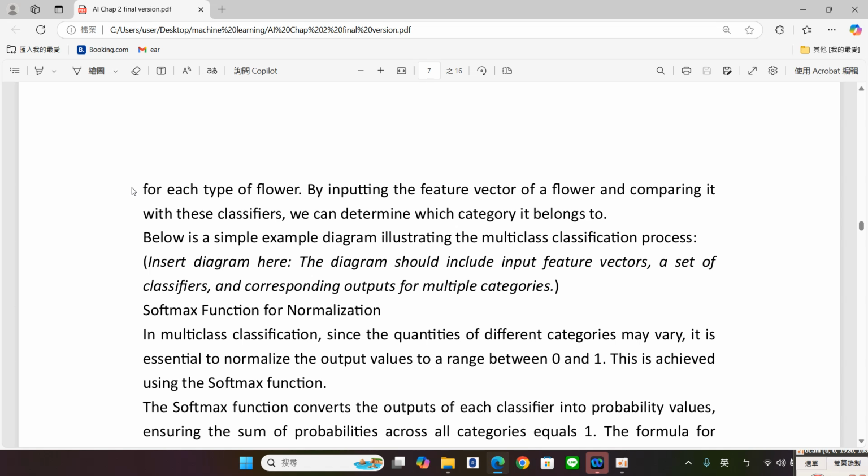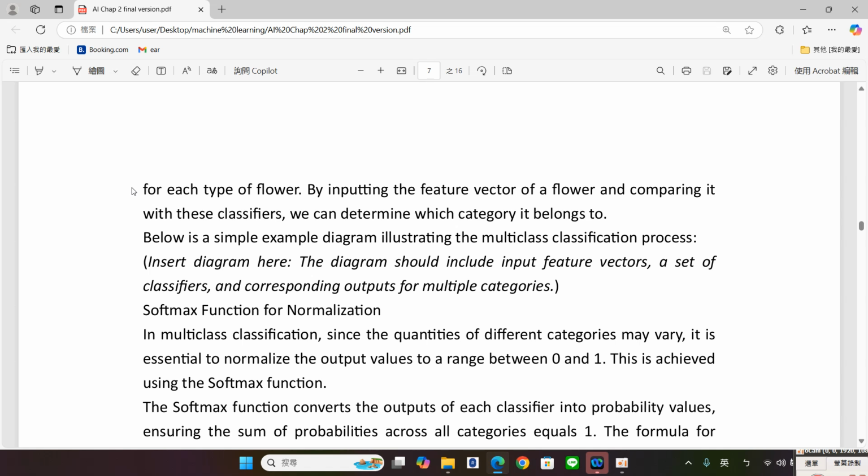Below is a sample diagram illustrating the multi-class classification process. Insert diagram here. The diagram includes input feature vectors, a set of classifiers, and corresponding outputs for multiple categories.